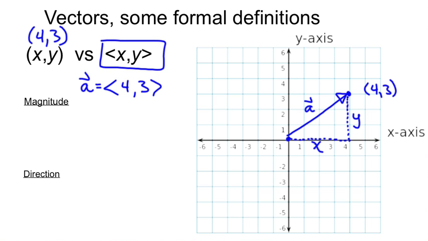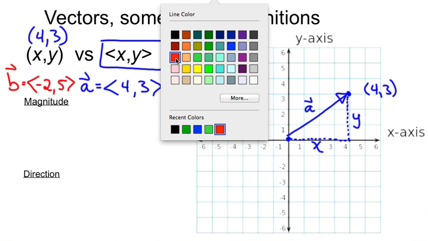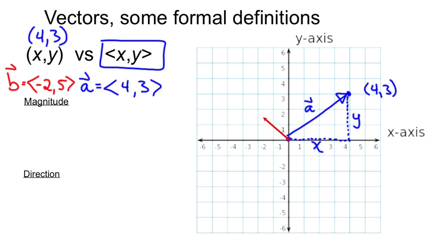I could also, if I want, make a vector B. This vector B will be the vector <-2, 5>. So if I go over here, I can create that vector: I'll leave from the origin and go -2 in the x direction and 5 in the y direction.